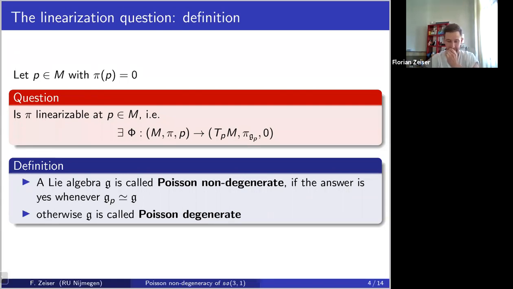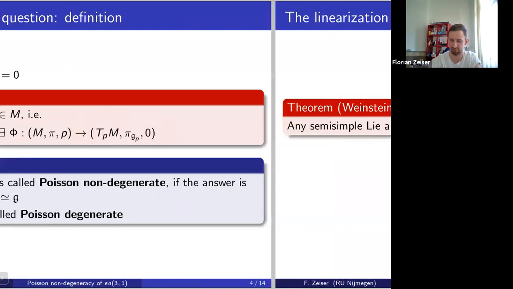Just by writing out what it means to be linearizable, one obtains some cohomological obstructions. It turns out that in the formal category, for the case of semi-simple Lie algebras, these obstructions are always satisfied.